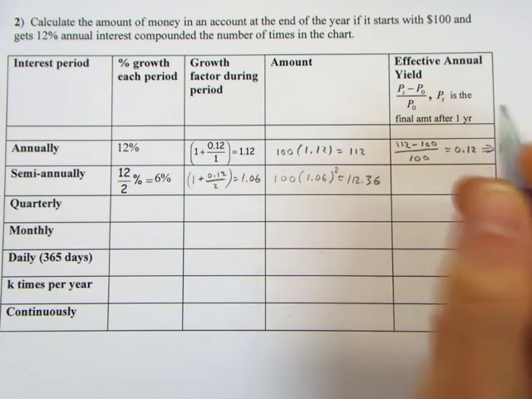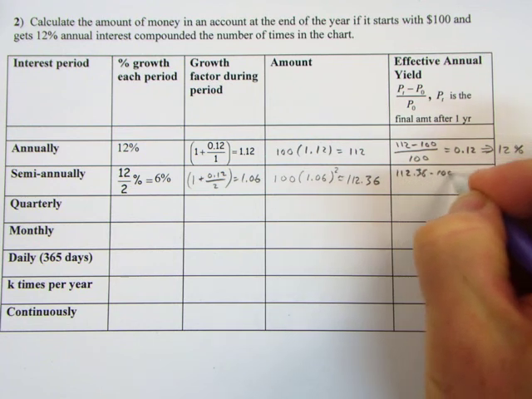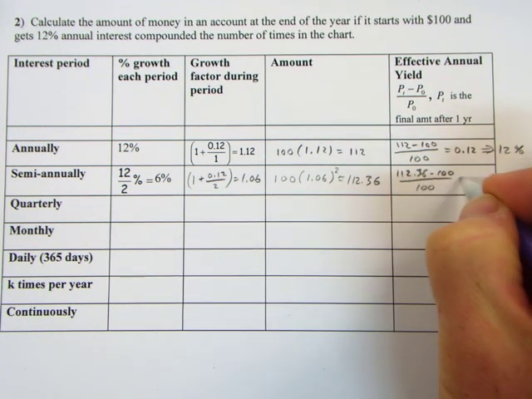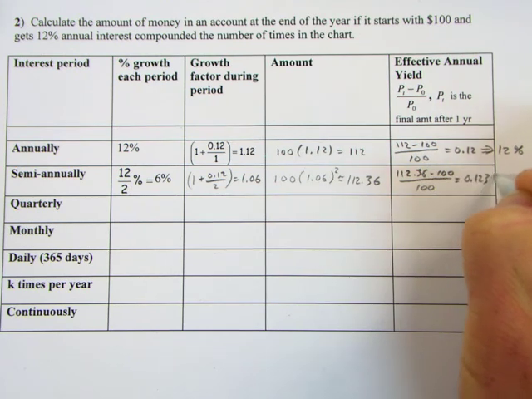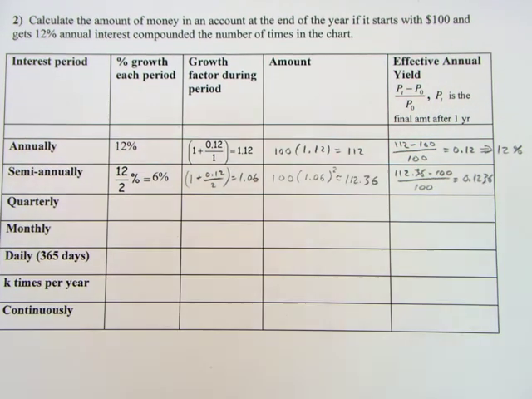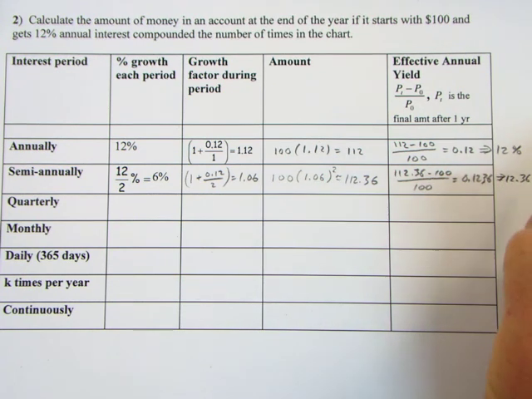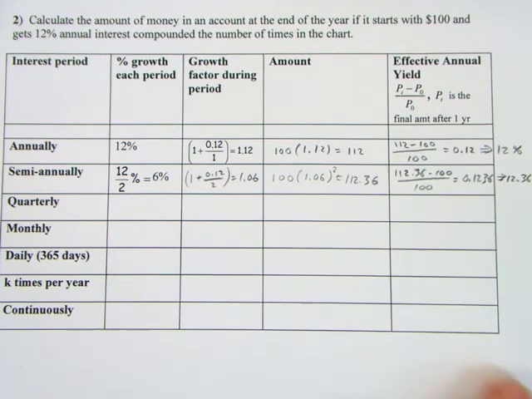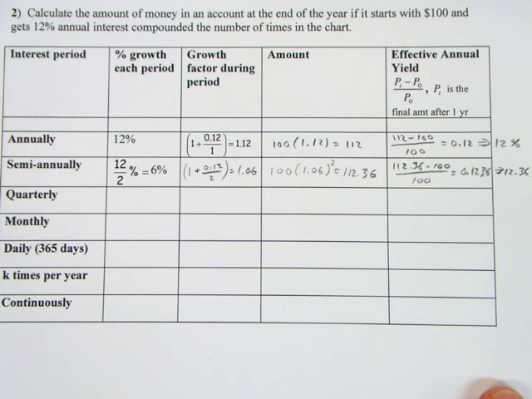And then we can just come over here, 112.36 minus 100 divided by 100. So we get 0.1236. We get an interest rate this time of 12.36%. So that interest is a little bit better than what we had if we just compounded annually.